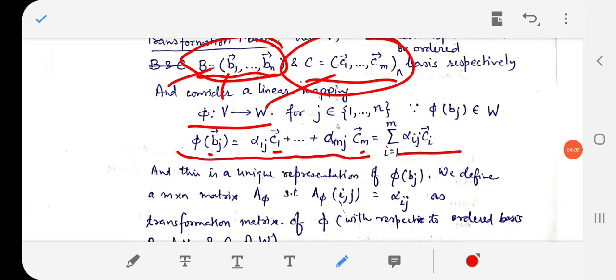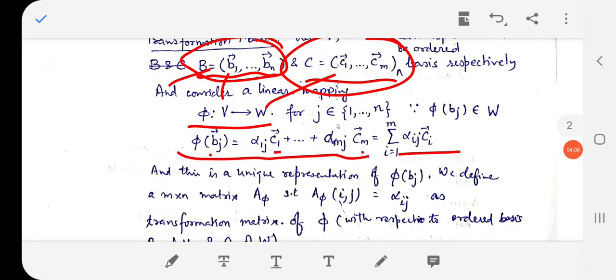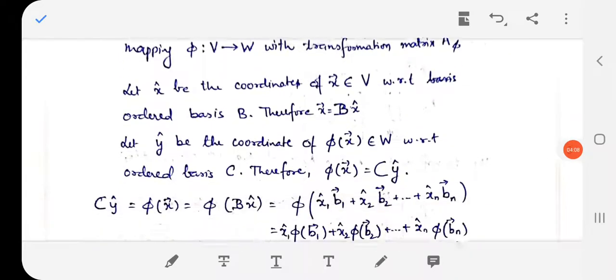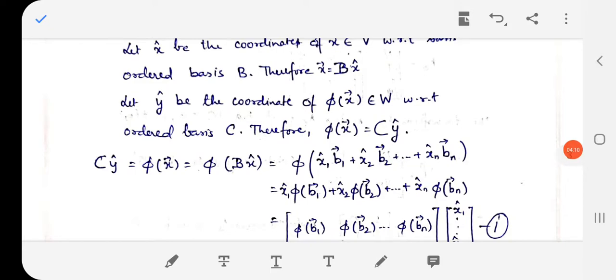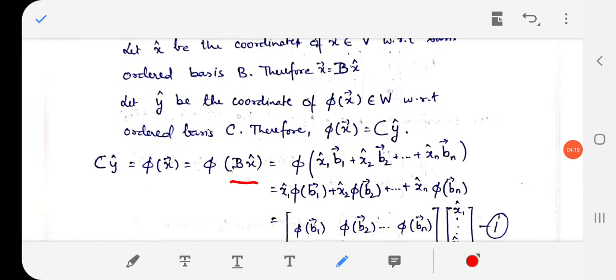What actually happens is that you can write any vector x like this, as a linear combination of basis vectors, so B x cap, right? Why can you write like this?